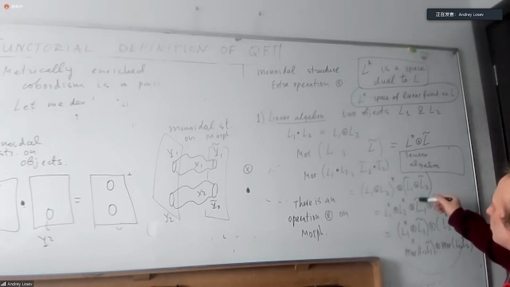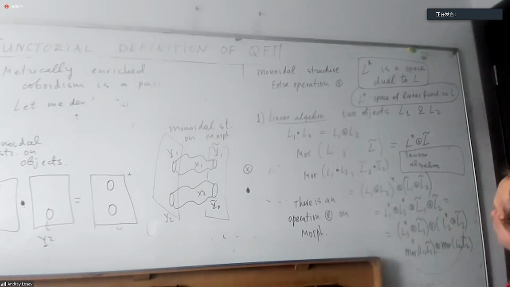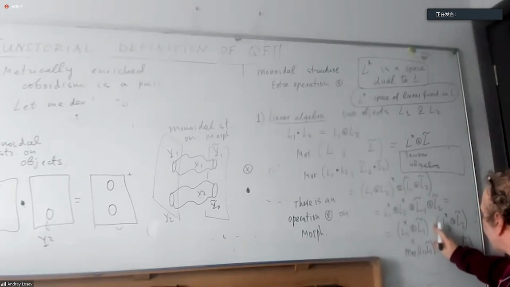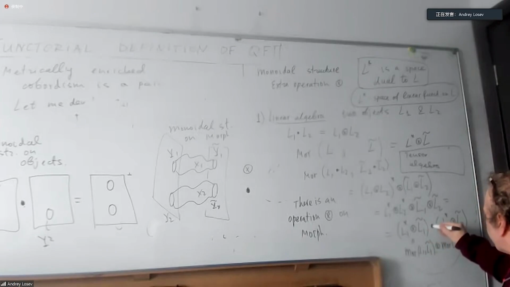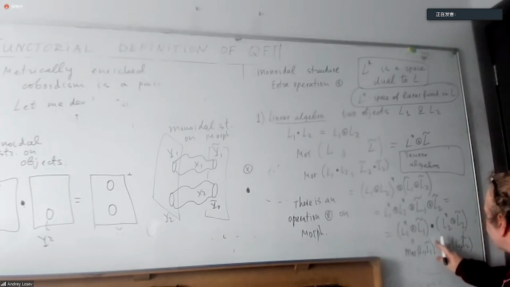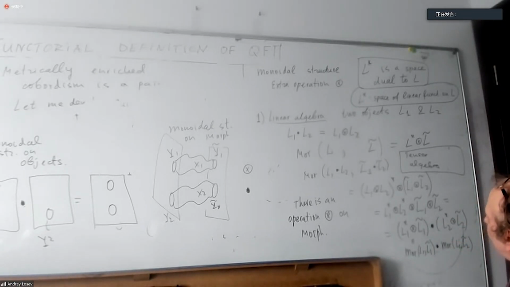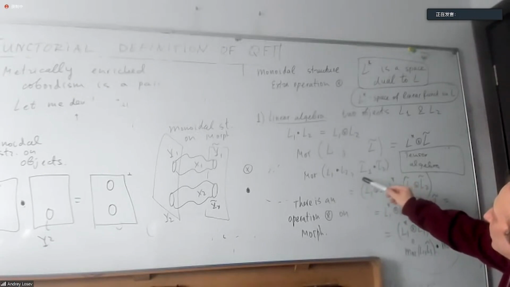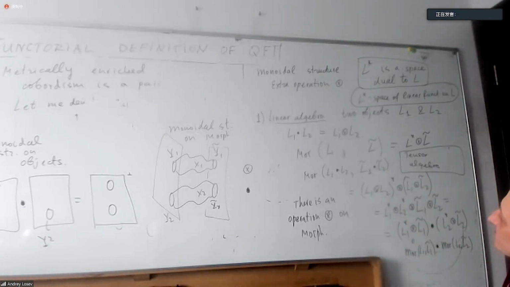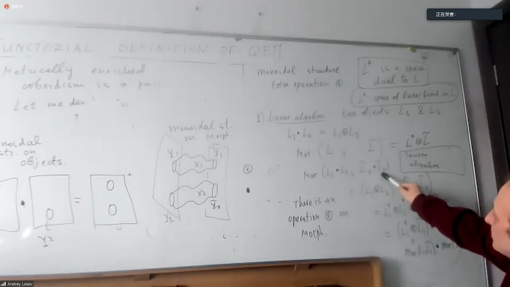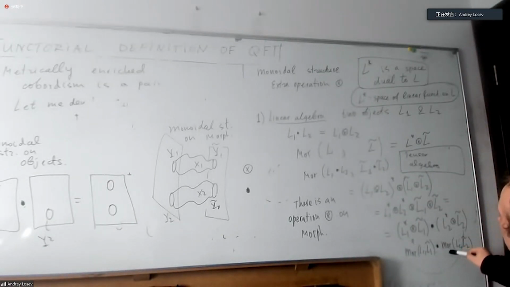And then here is a computation. And from this computation, I should put here this star. So morphisms between monoidal products is the monoidal product of morphisms.